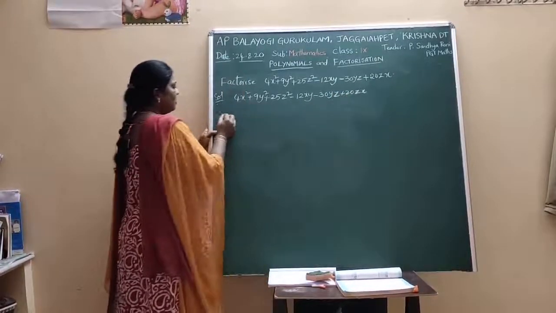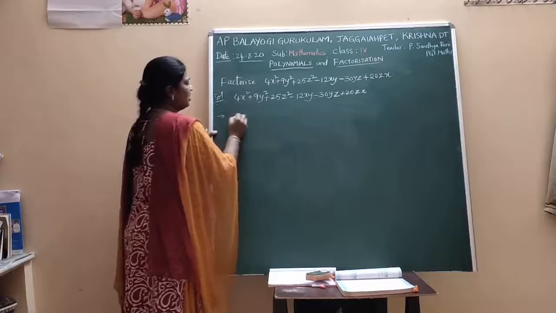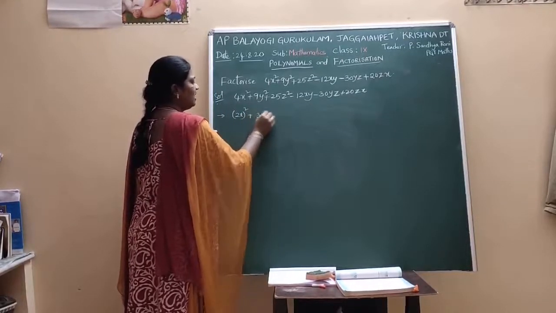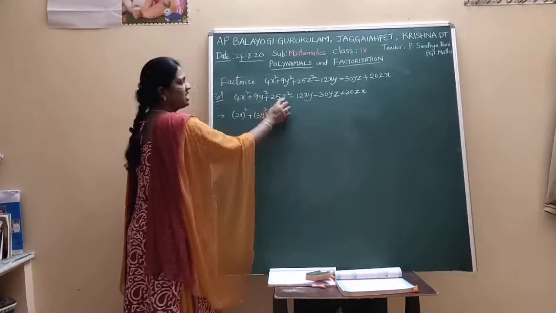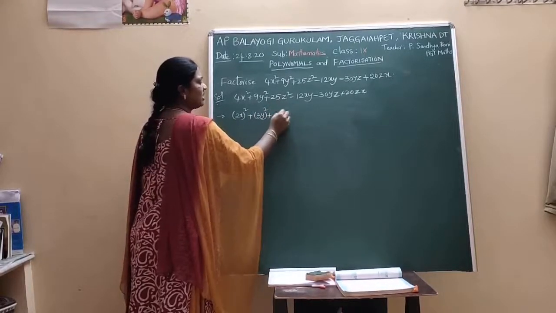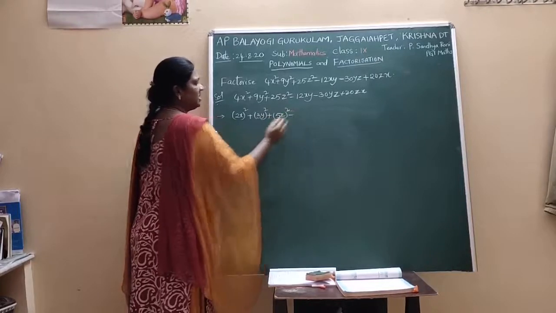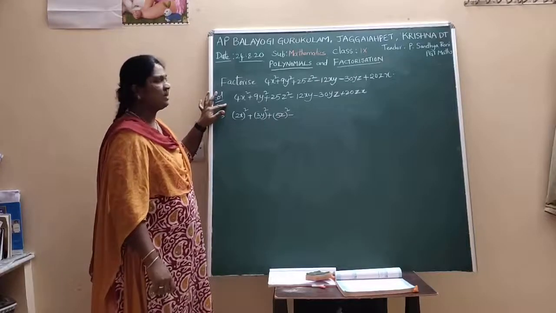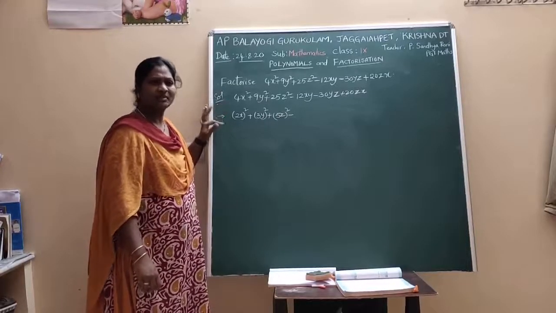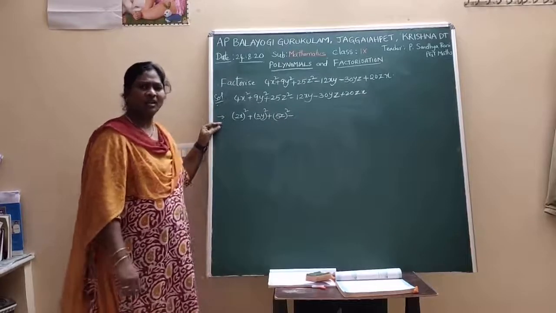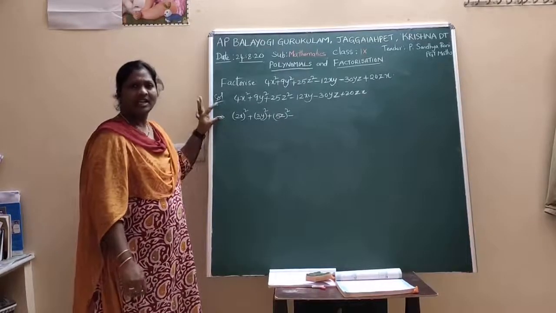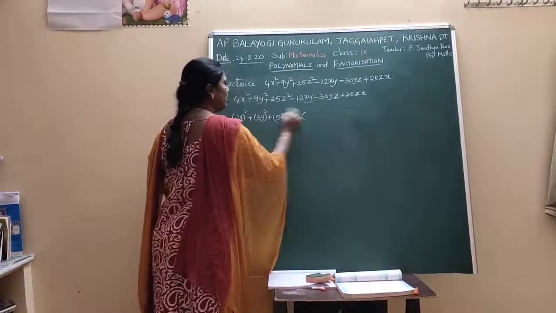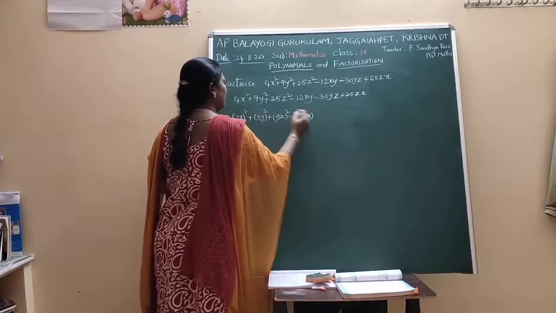Now we have to write 4x square as 2x whole square plus 9y square as 3y whole square plus 25z square as 5z whole square minus 12xy. No, earlier we have learned that a plus b plus c whole square equals a square plus b square plus 2ab plus 2bc plus 2ca. We have to compare identity 5 with this problem. So this next 2ab, that is 2 into a is 2x and b is 3y.